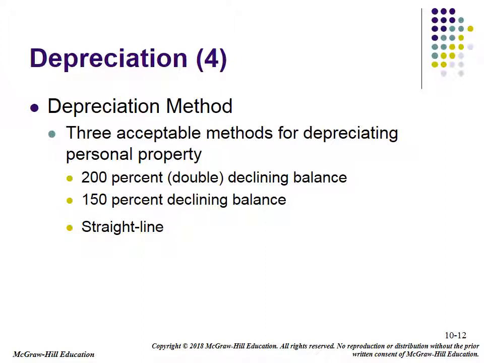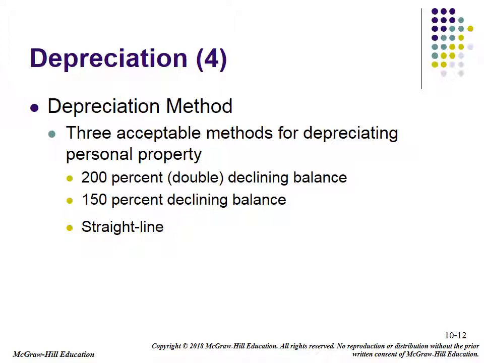Under MACRS, you actually have a choice of three acceptable methods for depreciating these types of assets: 200% double declining balance, 150% declining balance. And I could tell you, based on the life of the asset, the type of asset, it will be either of those two. The other method is straight line.